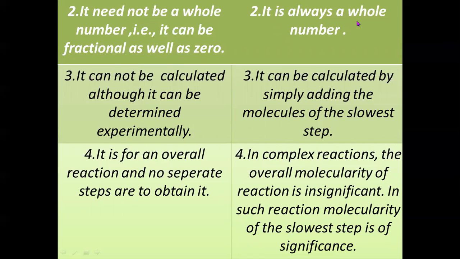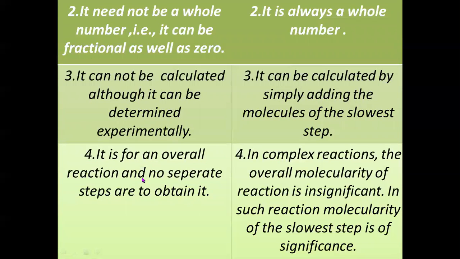And molecularity of reaction is always an integer like 1, 2, 3, etc. Third, order of reaction can only be determined experimentally, whereas molecularity can be calculated simply by adding the number of molecules taking part in the reaction in the step which is called the slowest step, or the rate determining step.